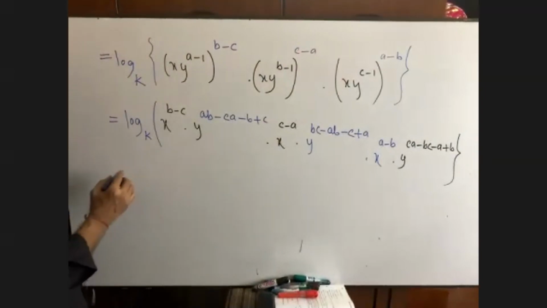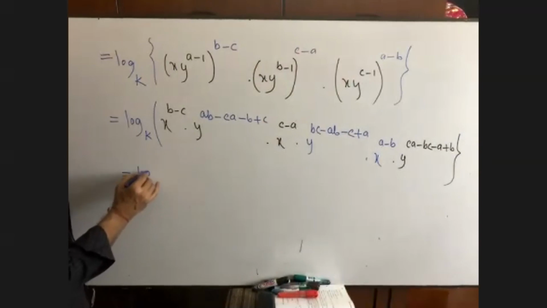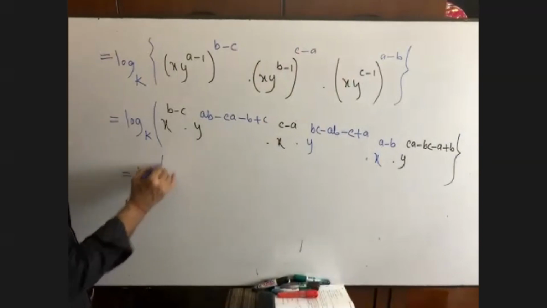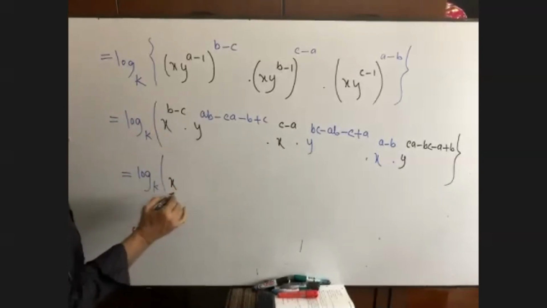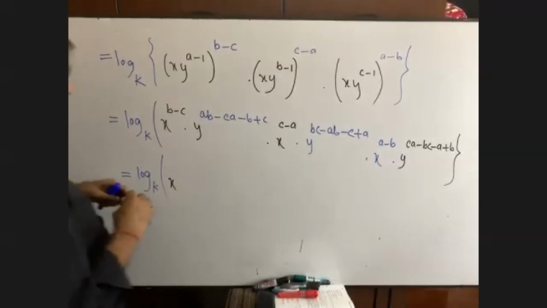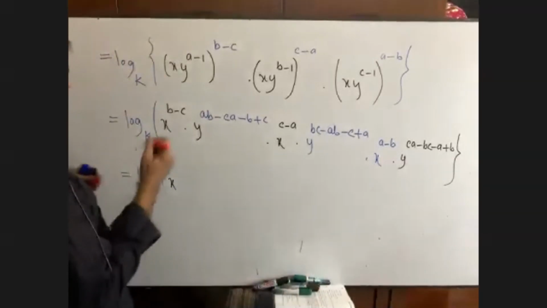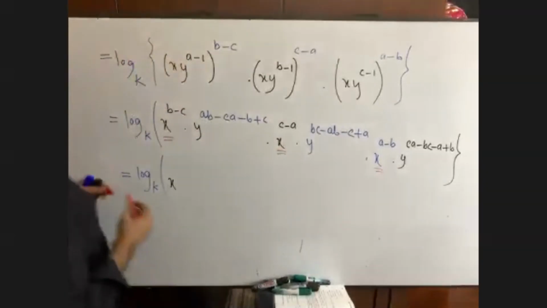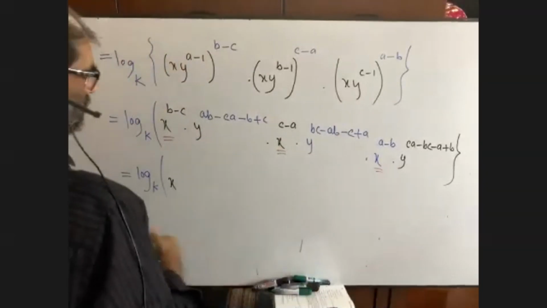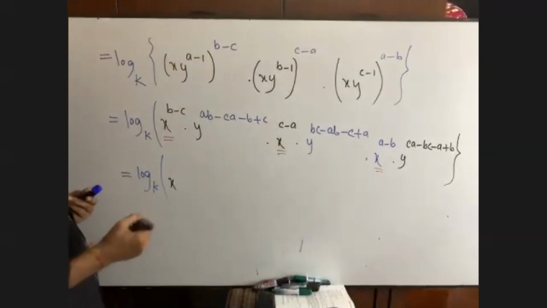That means we are getting here log k. You see x. Where are we getting x? We are getting x here, here, and here. They have the same base x, so powers will be added during multiplication.